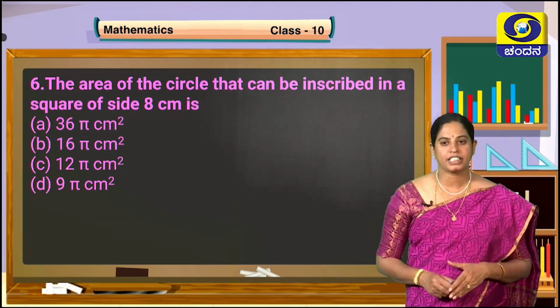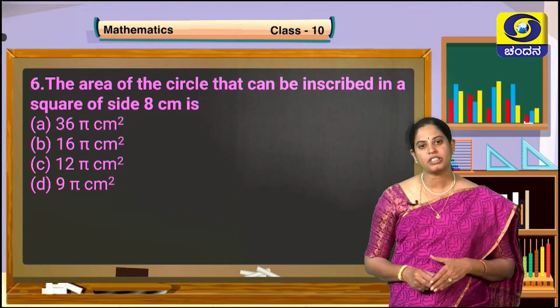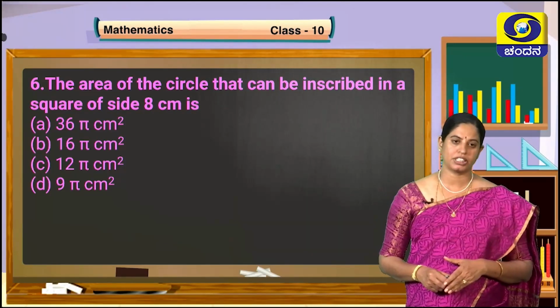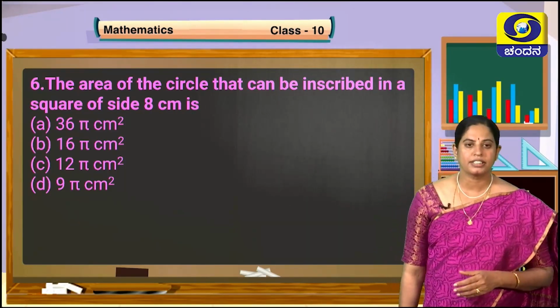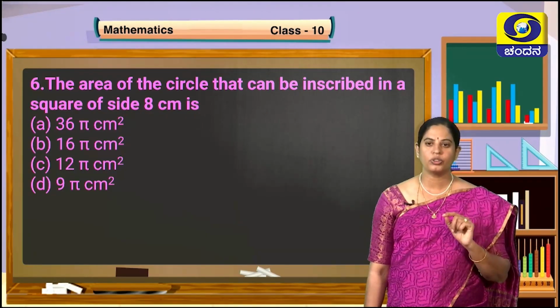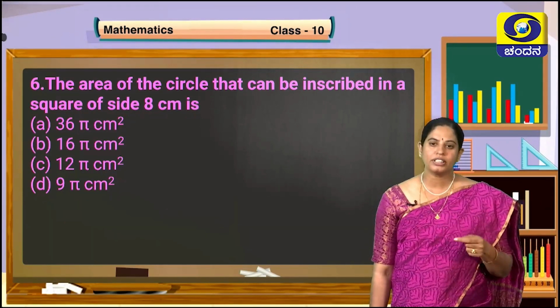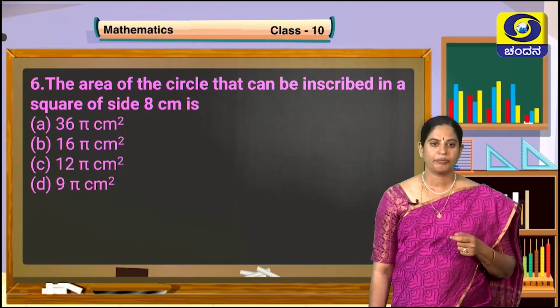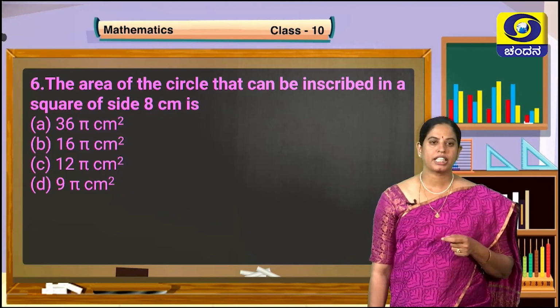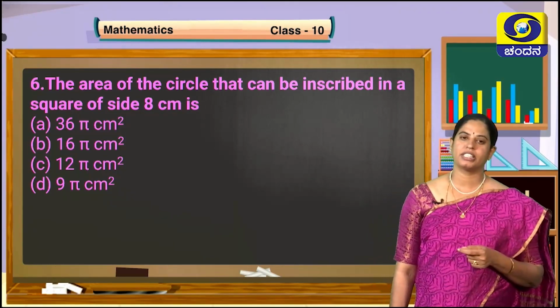So, options are as follows: 36 pi centimeter square, 16 pi centimeter square, 12 pi centimeter square and 9 pi centimeter square. So, what is your answer? Again you do the calculation. I think a few of you already started doing the calculation. Be quick. Area of the circle that can be inscribed in a square of side 8 centimeter.